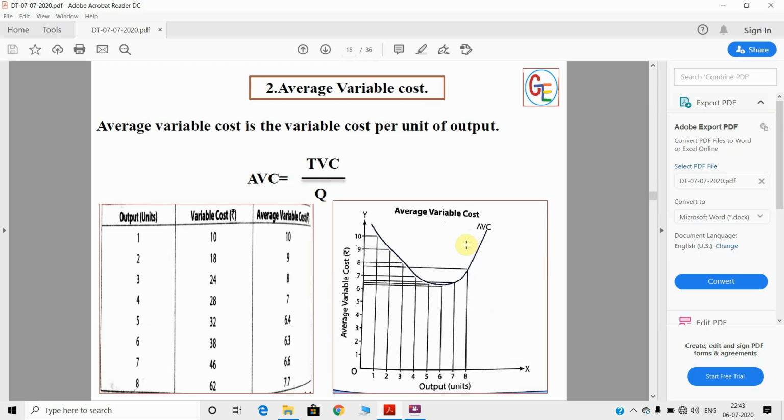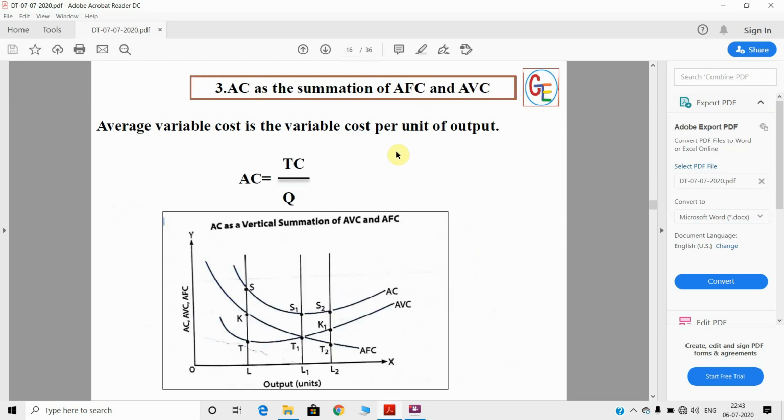Next come to the average variable cost. The average variable cost is the variable cost per unit of output, so it is TVC divided by Q. And your AC is the summation of AFC plus AVC, just as TC is the sum of TFC plus TVC.